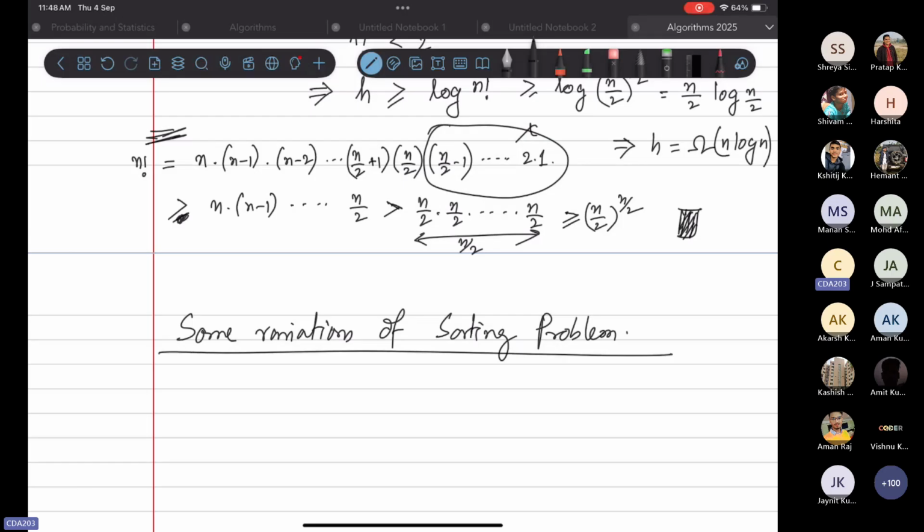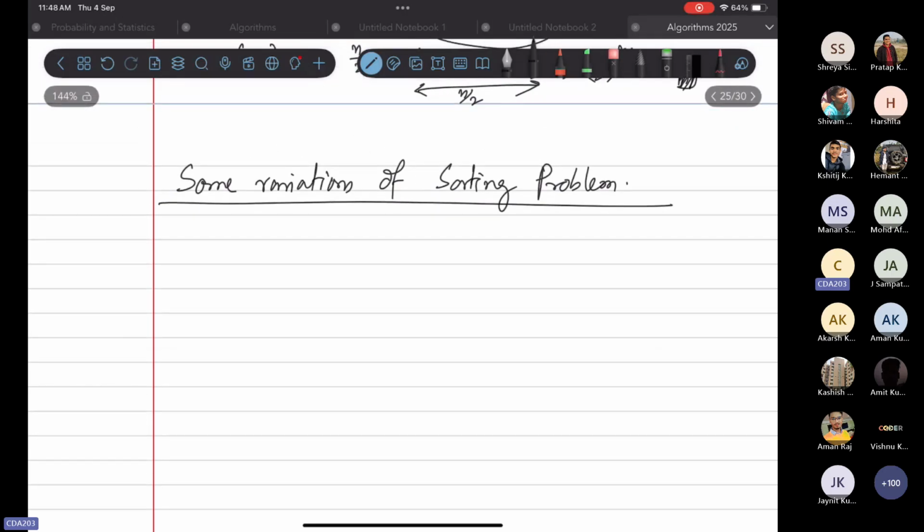What are those variations? This time, we'll assume that we are sorting numbers only.